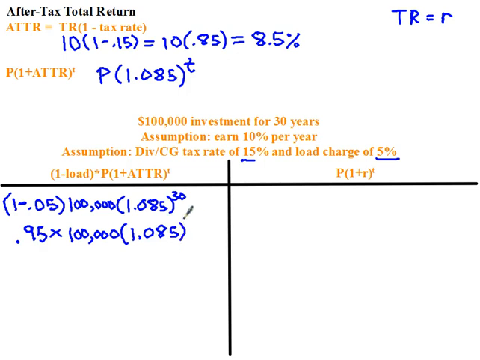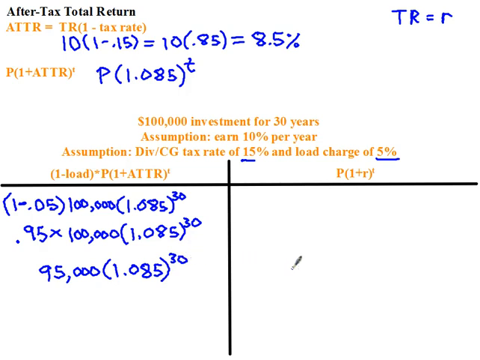So 0.95 times 100,000 means $95,000 is actually going to get invested, times 1.085. I'm only getting an 8.5% rate of return per year because the rest of it is going to pay taxes, raised to the 30th power.